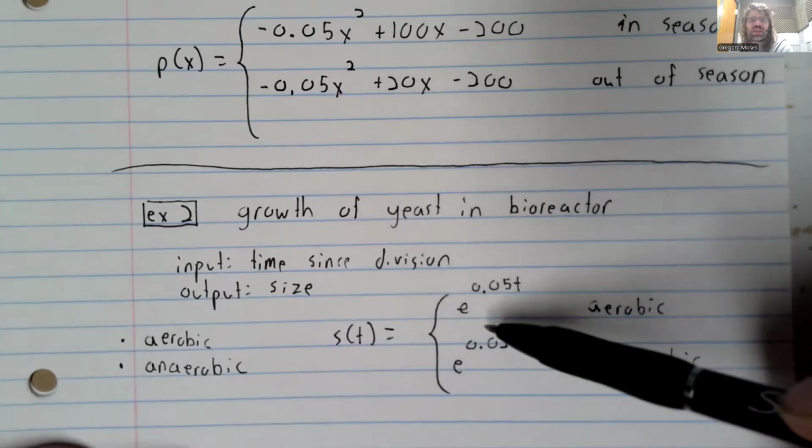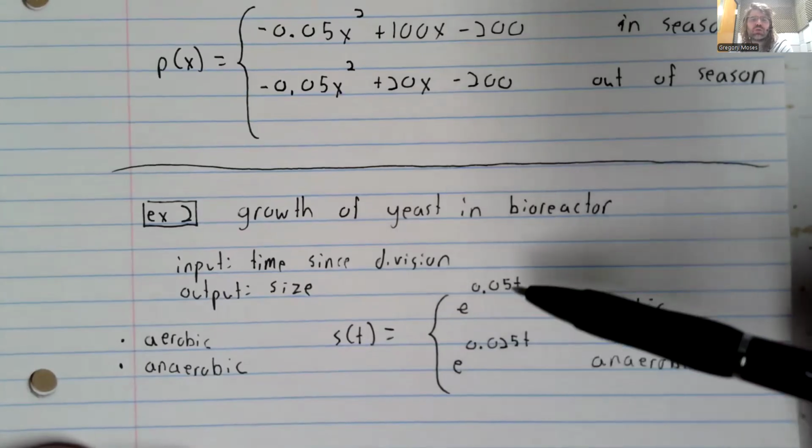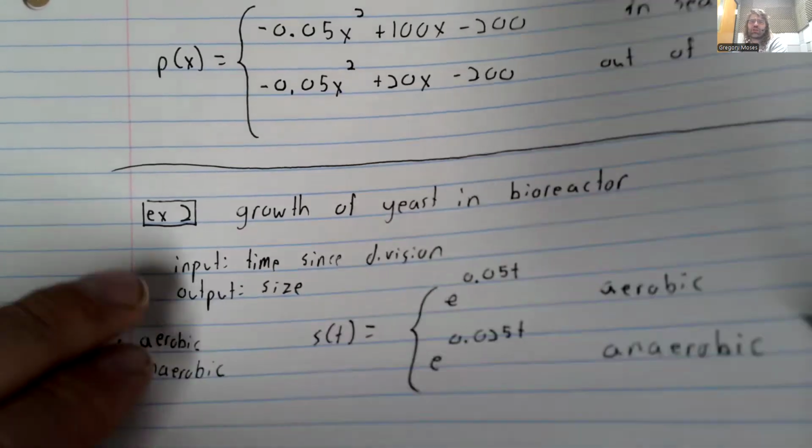There's no aerobic variable. There's no anaerobic variable. The piecewise defined functions we're going to look at in this class are going to look like this.